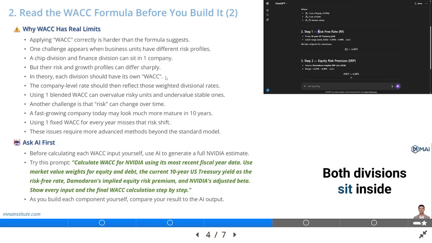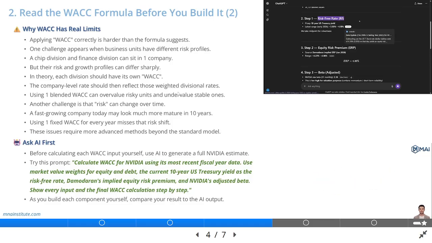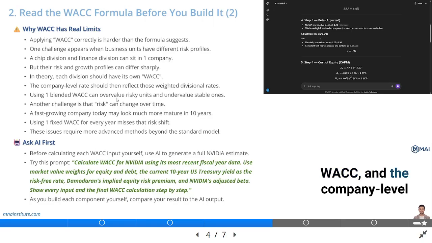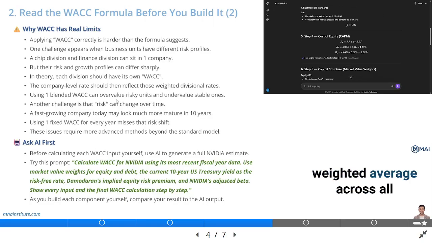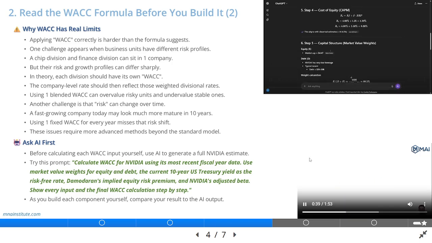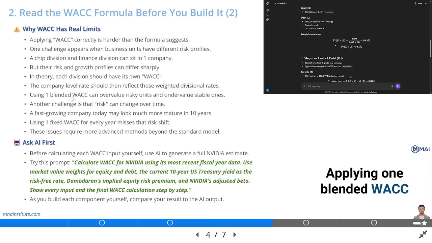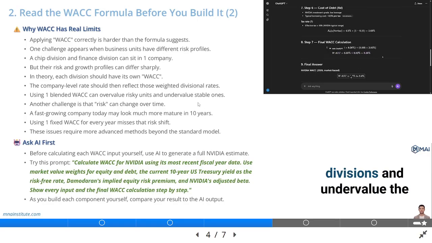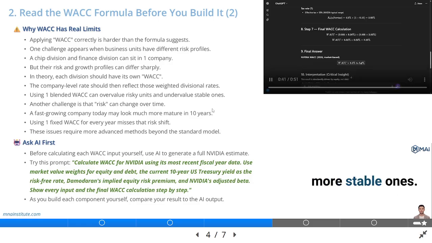Both divisions sit inside the same company, but they carry very different levels of risk and growth potential. In theory, each division should carry its own WACC, and the company-level rate should be a weighted average across all divisions. Applying one blended WACC to the entire company can overvalue the riskier divisions and undervalue the more stable ones.